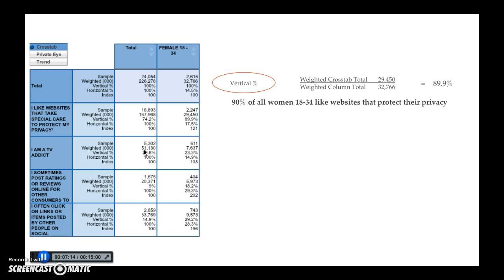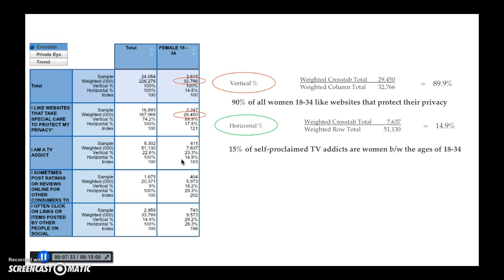I wonder how many of these 51 million people are actually young women. So I slide over to the column that represents women 18 to 34. And I see that only 7 million of the women 18 to 34 claim to be TV addicts. So the 7 million is divided by the 51 million to get me a total representation of about 15% of all people who claim to be TV addicts are women 18 to 34.